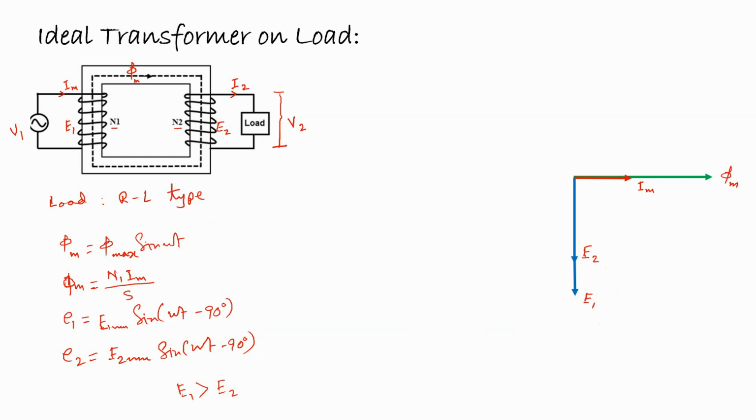And the supply voltage V1 will be equal and opposite of the induced EMF in the primary winding. So here it will be V1, and it will be equal to minus E1.